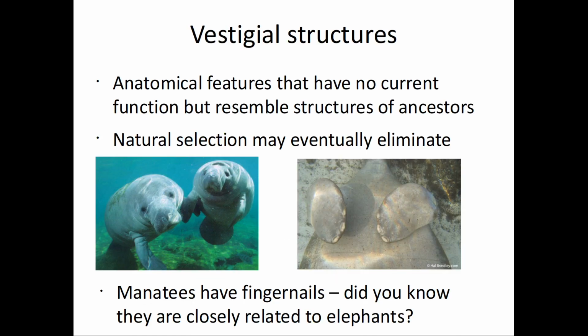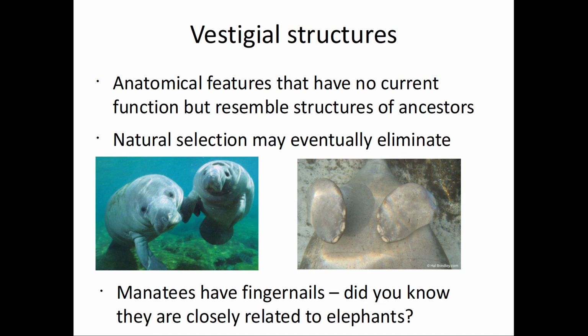All right, there's also vestigial organs. These are features that have no current function, but they resemble structures of ancestors, and we can point to homologous structures on other living organisms. So, look at the manatees. They have fingernails. They don't have a need for these fingernails. They're pretty much useless.